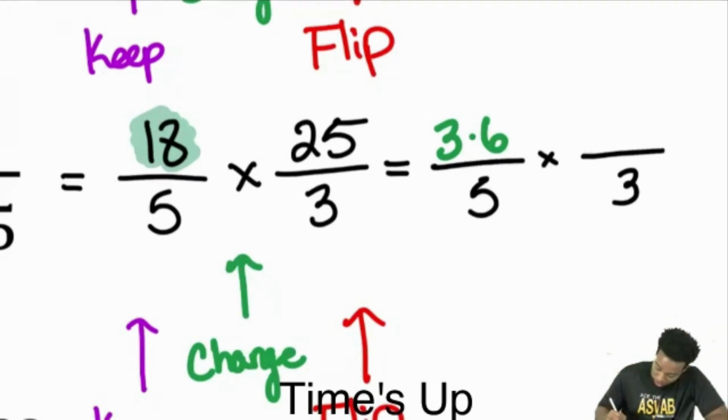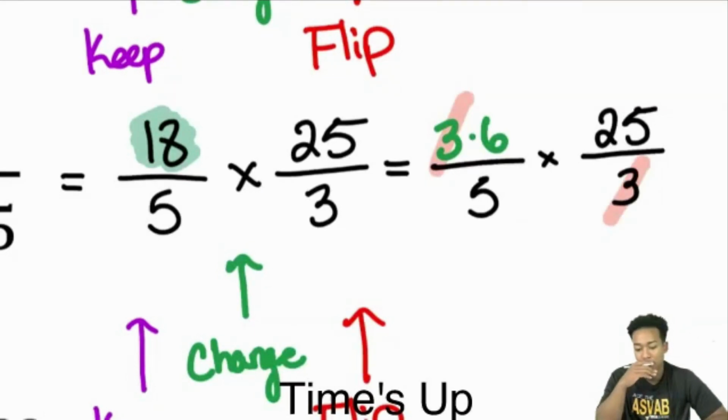And then from there, we have that 25. And we notice that we can cancel out the 3 and the 3. Did anybody notice what else we can cancel out? Yep. We can go ahead and take care of that 5.